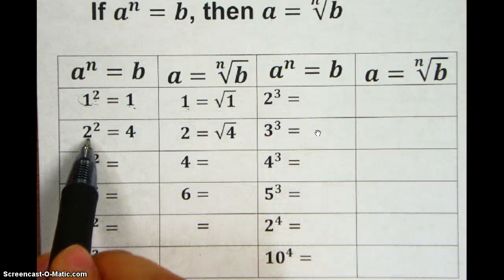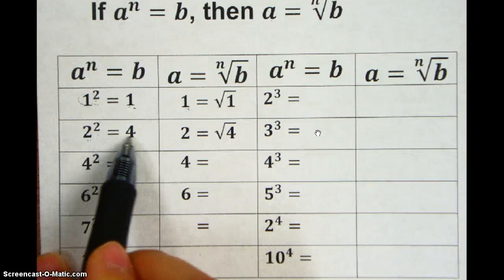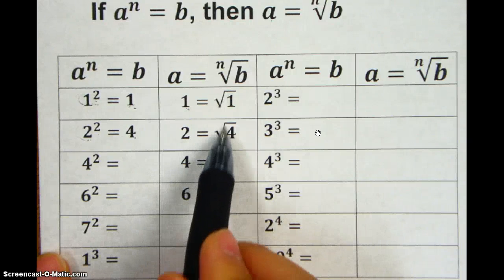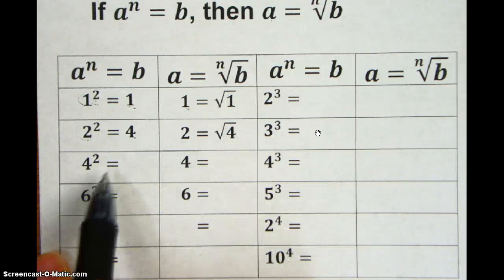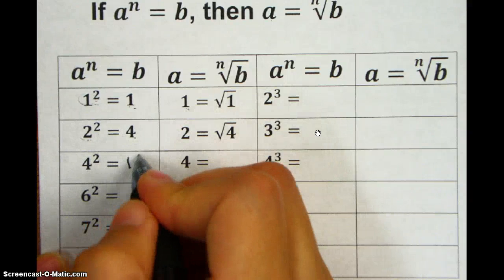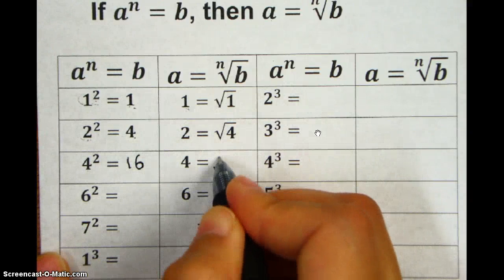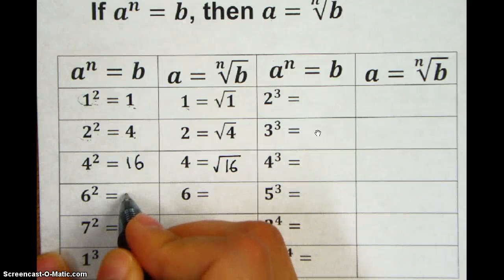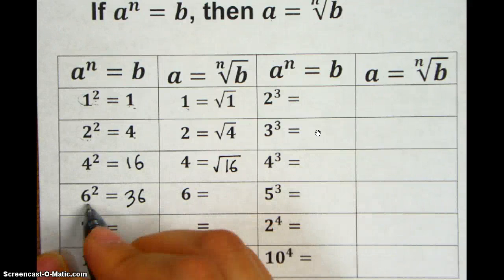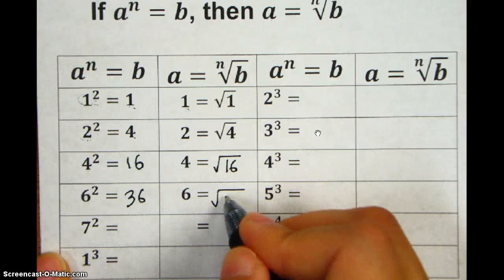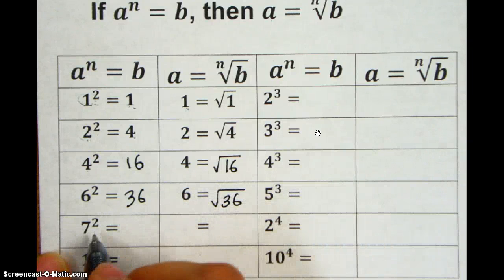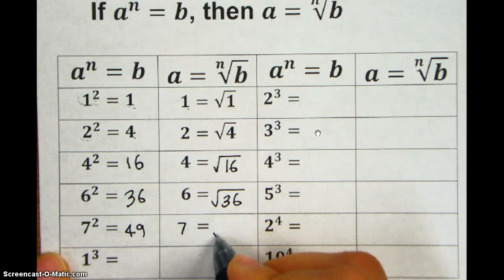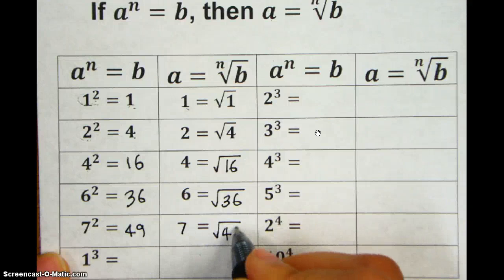When you're talking about 2 squared equals 4, we can say this 2 is the same thing as the square root of 4. 4 squared is 16. We can say 4 is equal to the square root of 16. 6 squared is 36. This number 6 is equal to the square root of 36. 7 squared is 49. 7 is the square root of 49.